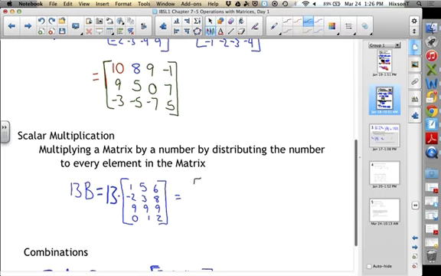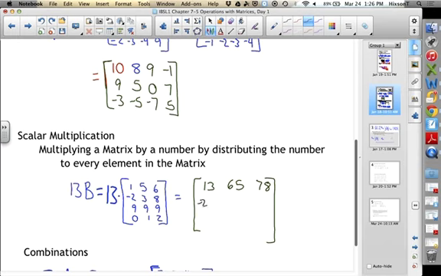So we get 13 times 1 is 13, and 13 times 5 is 65, and 13 times 6 is 78, and so on. There's our first row, and then we do the next 3 rows the same way. So what's 13 times negative 2?